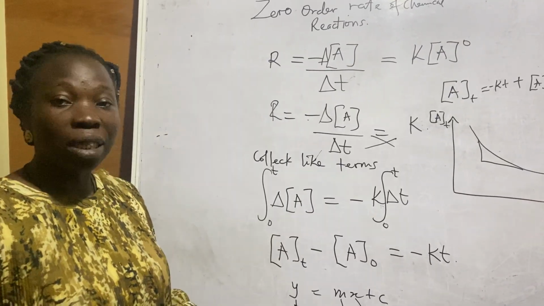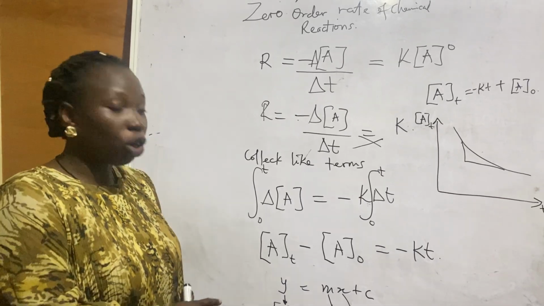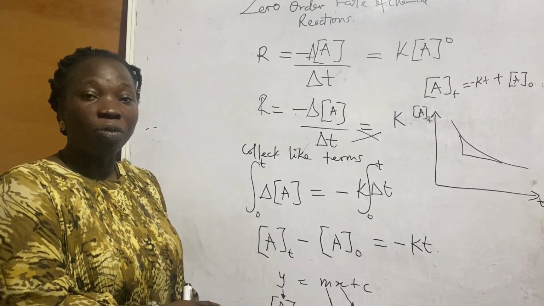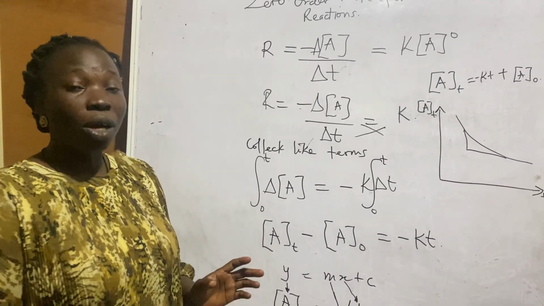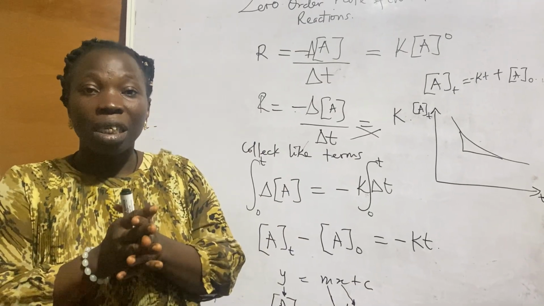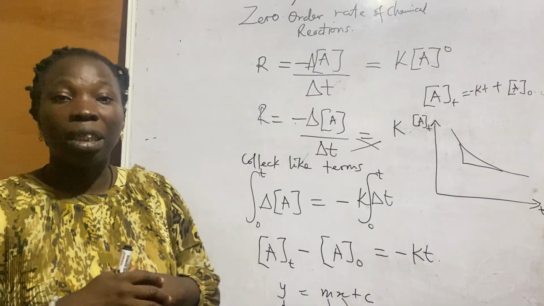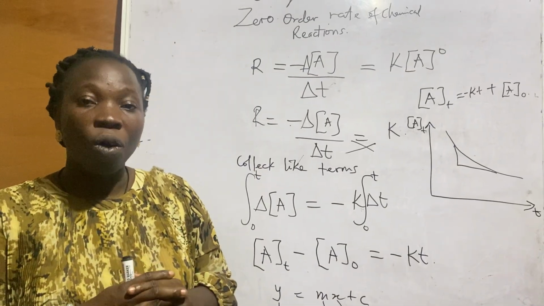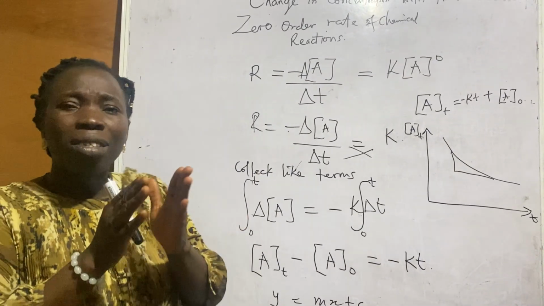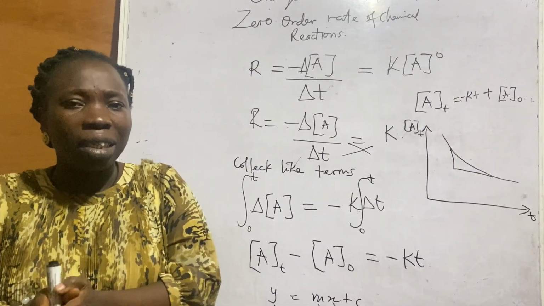But for zero order, it is not natural logarithm, neither is it an inverse, but just a straight concentration of A at time t. But the similarity of them is that the time is on the x-axis. Intercept also is different in the 3 of them. So those are the differences between first order, second order, and zero order.